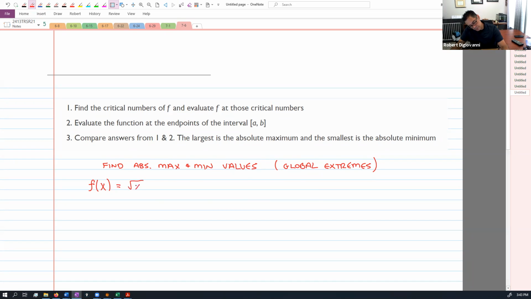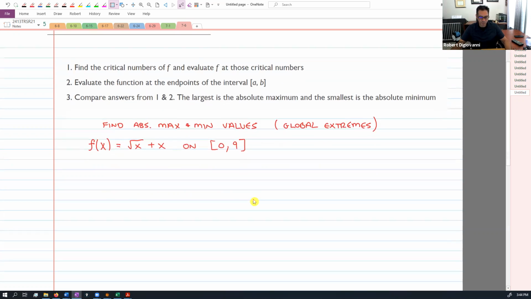Square root of x plus x on the interval 0, 9. All right, what's the first step?